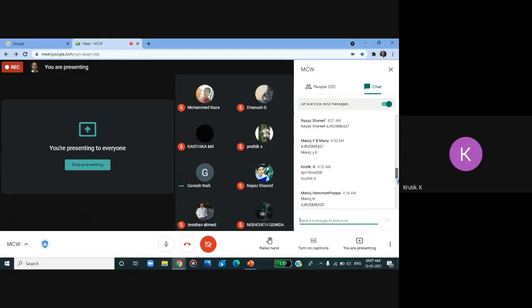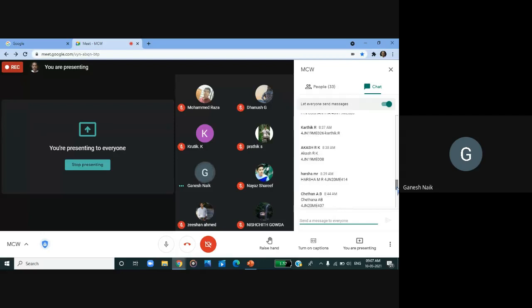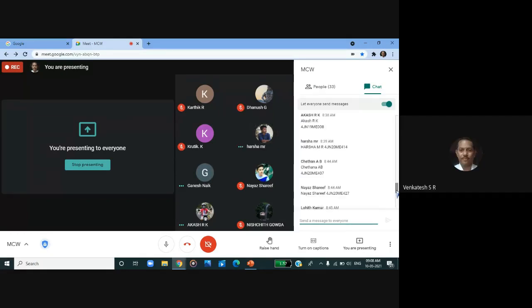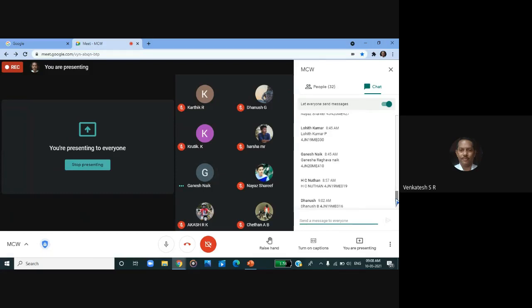Krutik. Yes, sir. Manoj Hanumantappa. Manoj, Sushant. Karthik R. Akash. Present, sir. Karthik. Present, sir. Harsha. Present, sir. Chetan AB. Present, sir. Lohit Kumar. Ganesh Naik.